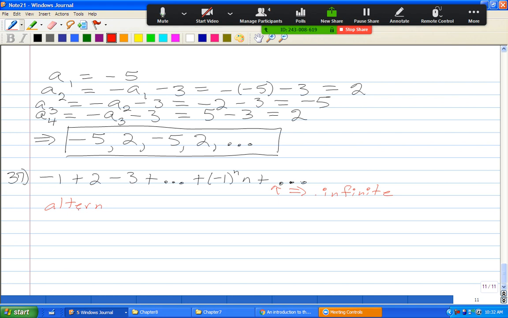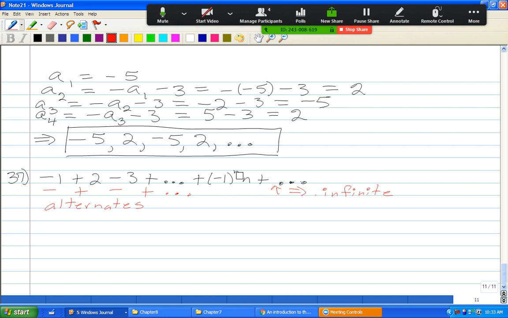What does it mean to alternate? Well, it alternates if the signs keep changing. And so notice it goes minus, then plus, minus, then plus, and they'll keep alternating. Notice that this has a negative 1 to the n.